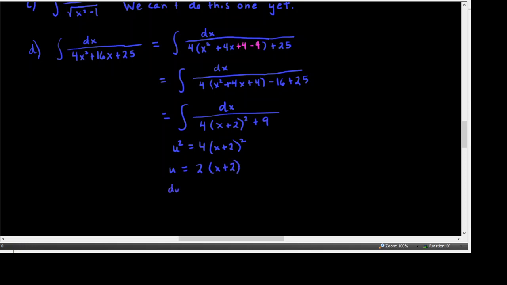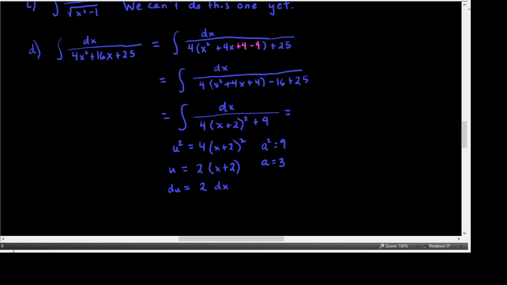And so du is 2 dx. Okay, then our a squared is 9, which means a is 3. And we're ready to rock and roll, because we now have exactly everything we need to use number 19.